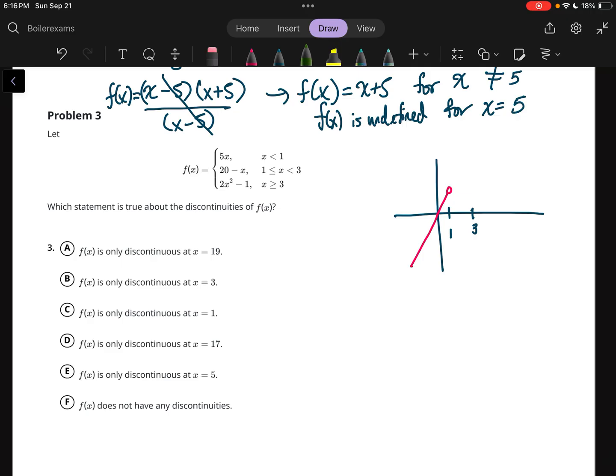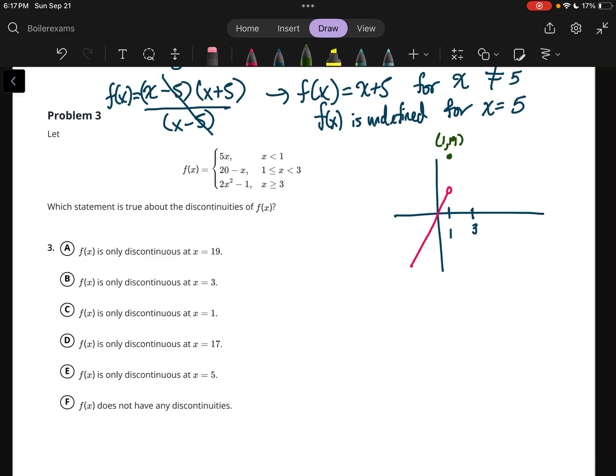And then for x greater than or equal to 1 and less than 3, our function is 20 minus x. So we have a less than or equal to sign on the left-hand side. What I can do is plug in the boundaries. If I plug in 1, I get 19. So this point is (1, 19) up here. And then I have 17.